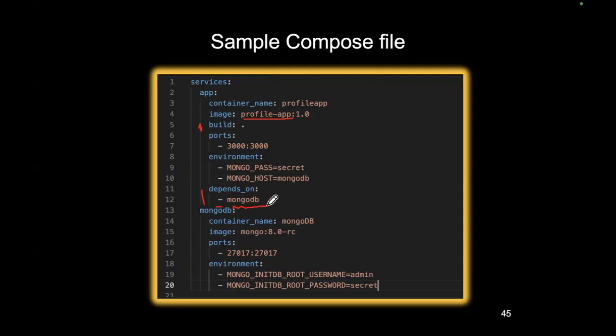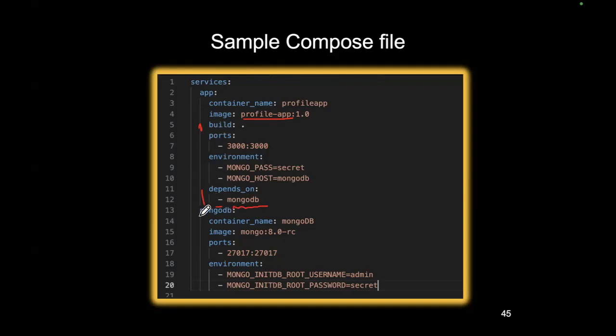There is a difference between a service name and a container name. As is evident here, I've decided to call the container profile app, but I'm just calling the service app. You can make them the same, or different, it's completely arbitrary. But in the depends_on property, you specify the services that this one depends on.